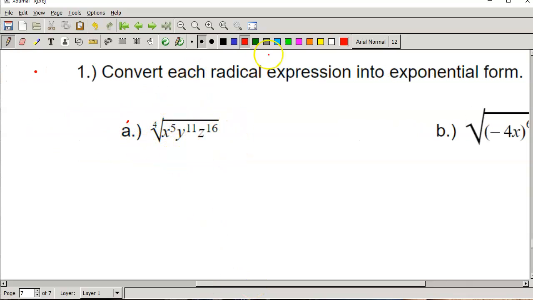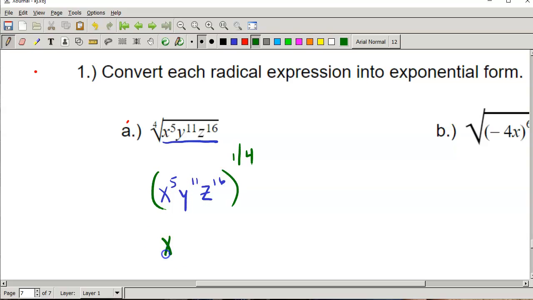What we know is that inside here, we have x to the 5th, y to the 11, z to the 16th. If we're taking a fourth root of that, what that really means is I'm raising everything to the 1/4. So basically we're going to multiply all of these exponents by 1/4 because that's the exponent property. Or really it's just dividing each thing by 4.